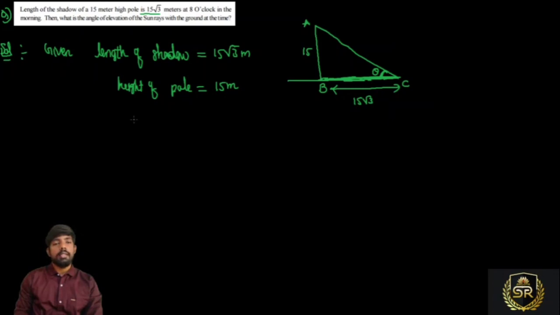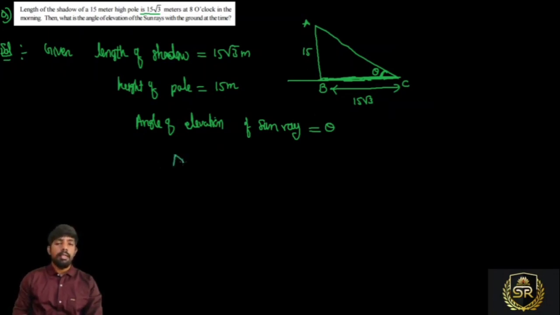Then what is asked? Angle of elevation of the sun ray is equal to theta. Now here we have opposite and adjacent.